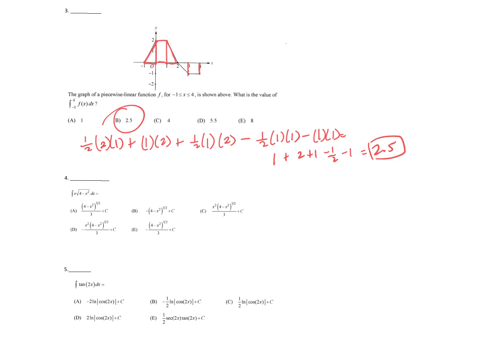Okay, this next one is a u sub. They're not telling you what u is, but you are using u sub and you are anti-deriving. So u is going to equal 4 minus x squared. du is negative 2x dx. I need an x dx, so I just get rid of the negative 2.